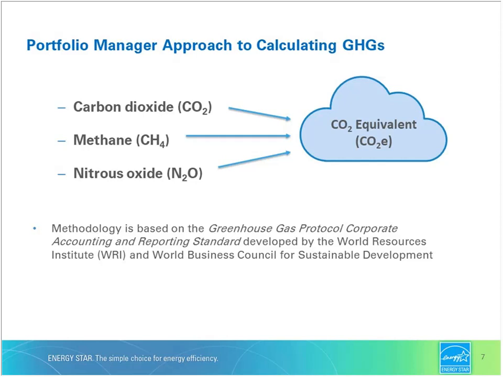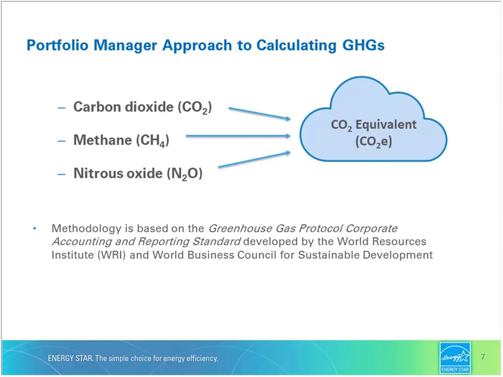And when we talk about the principal greenhouse gases associated with the operation of commercial buildings, we're talking about carbon dioxide, methane, and nitrous oxide. Now, in Portfolio Manager, rather than calculating the emissions of these gases on their own, Portfolio Manager rolls this all up into a single carbon dioxide equivalent number.